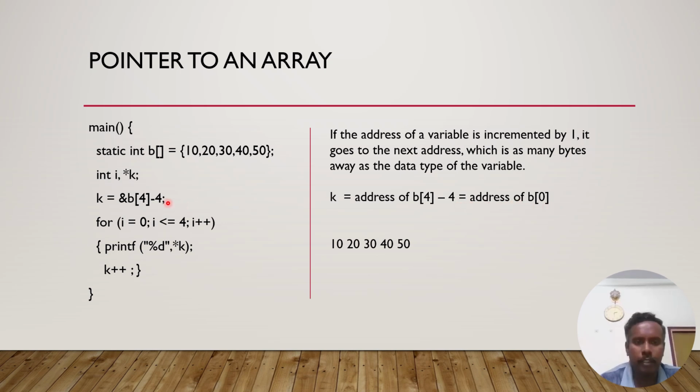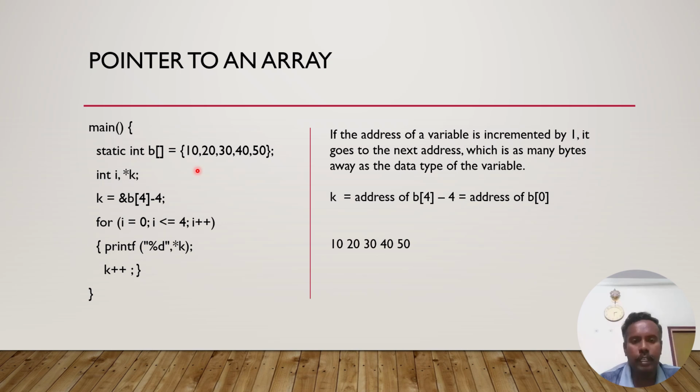If you put plus 1, the address of the variable is incremented by 1, it goes to the next address, which is as many bytes away as the data type of the variable. Which means if it holds a float variable, it goes to the next float variable.